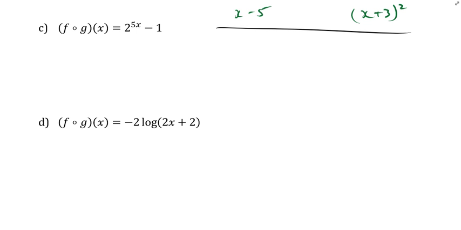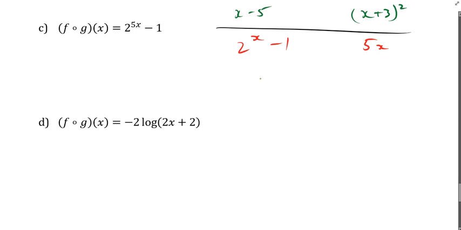Who's got an idea for C? Hunter? 2 to the power of x minus 1, and then 5x. Nice. 2 to the x minus 1, and then g would be 5x. Good. Anybody have something different? Okay. 2 to the 5x and then 1 to the x minus 1.